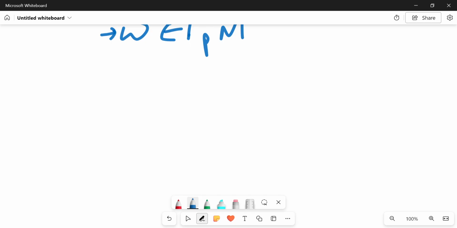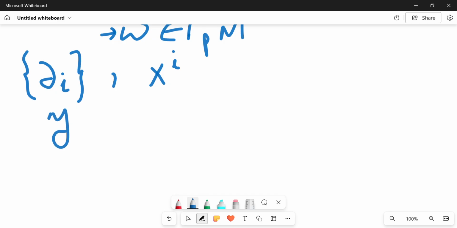In a coordinate basis, now suppose we have coordinate basis d_i for the coordinate system x^i, where the vector y is written as y^i d_i.